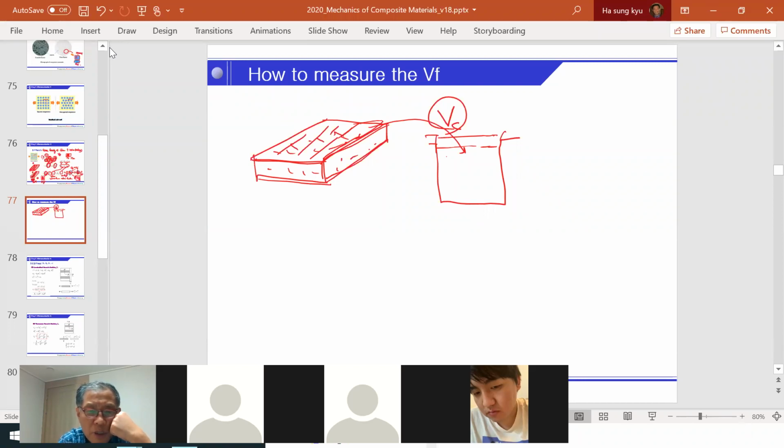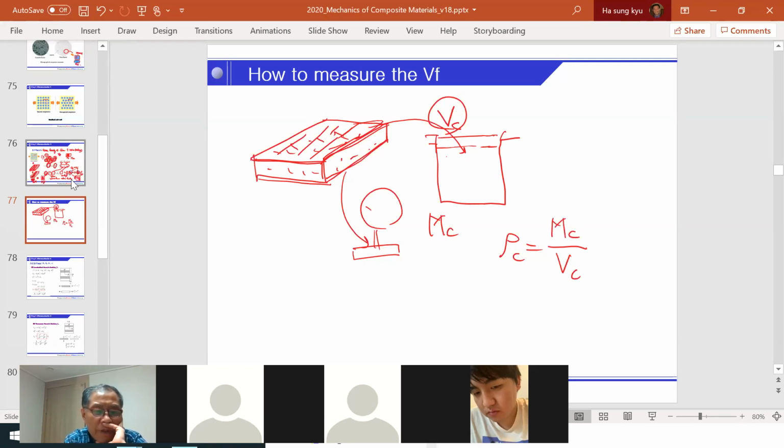Of course, we can also use a scale to measure the mass of the composite, any piece, again a short fiber composite or long fiber composite. You measure the mass of that specimen, and from here the density of a composite will be given simply like that.